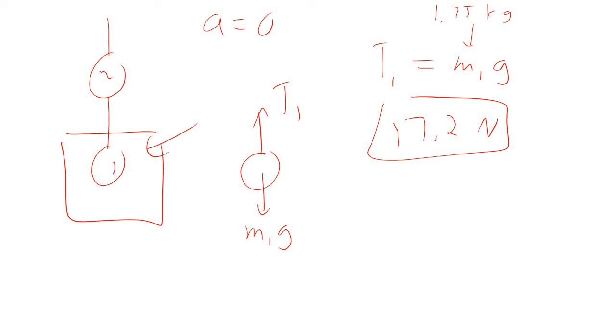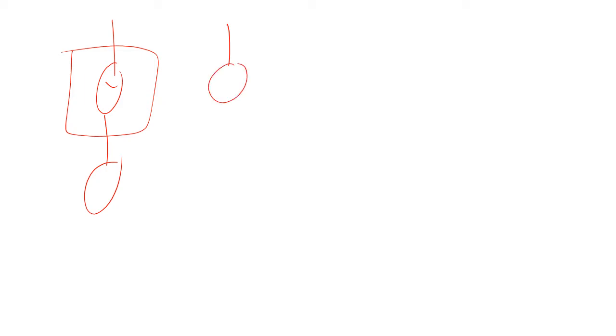Okay, so what about for the other one? Free body diagram. I have T2 pulling up, but I also have T1 pulling down, and I have M2G pulling down.